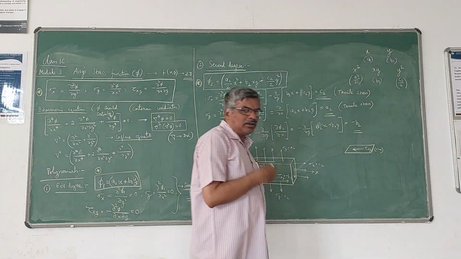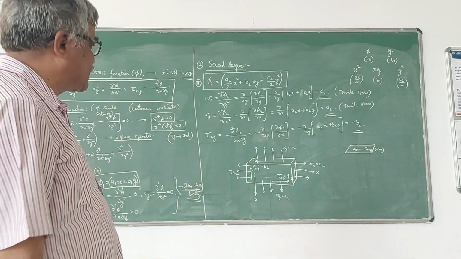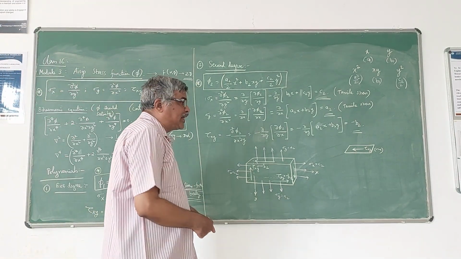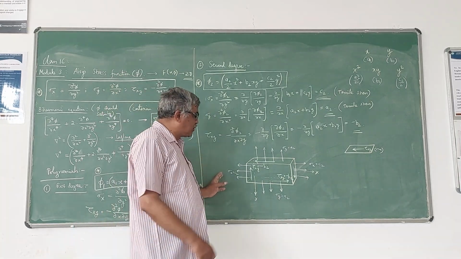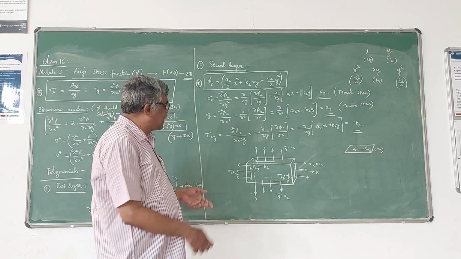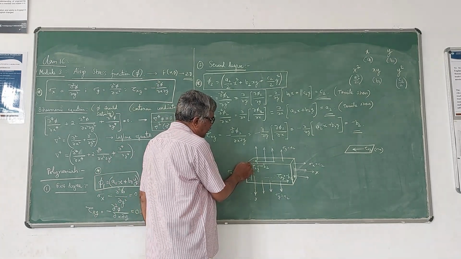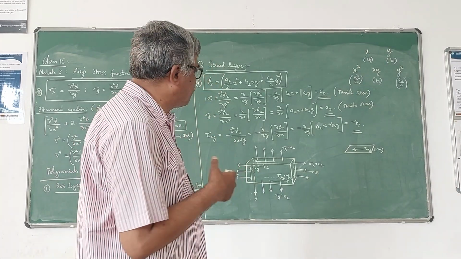Now, how to plot this stress diagram. They will ask you to plot the second degree polynomial stress diagram. For that, what you have to do is draw a two-dimensional object with of course very small thickness. Thickness is taken as unity. That means you can say that it is a thin plate.